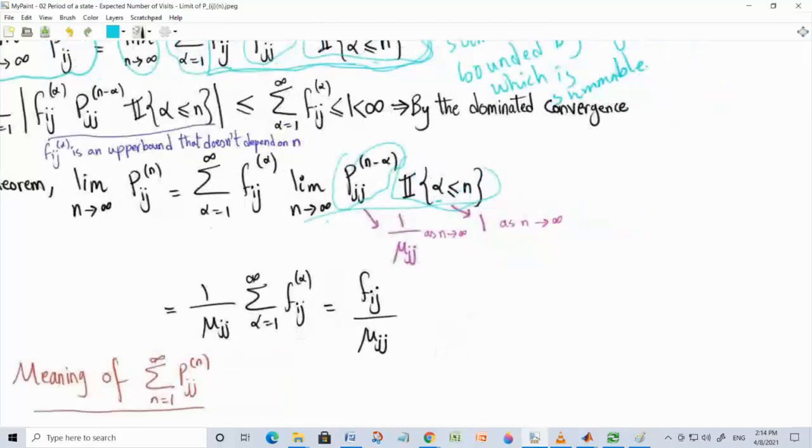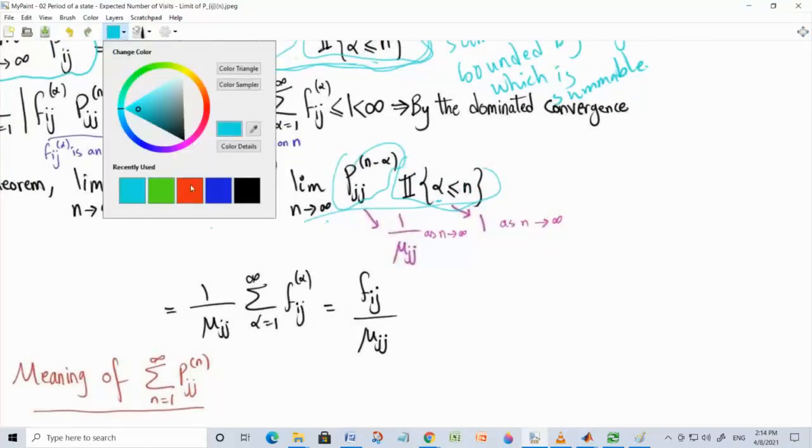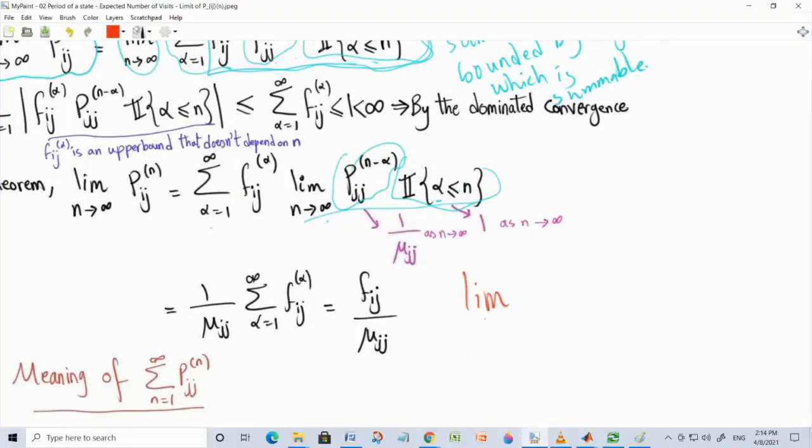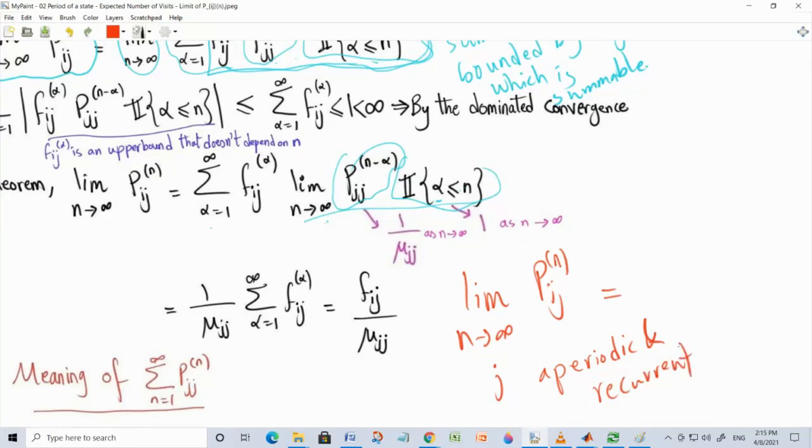Now we have this very important result: the limit as n goes to infinity of bij of n, where j is aperiodic and recurrent, is Fij over mu jj.